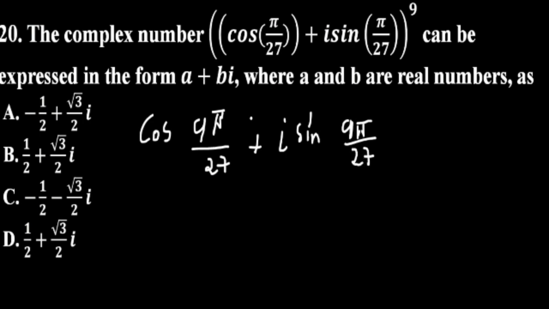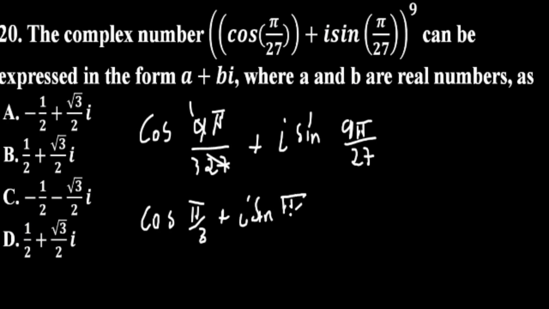So simplifying that, 9 can go into 27 3 times. So this can also be written as cos of pi on 3 plus i sine of pi on 3. So we know pi on 3 is 60 degrees.